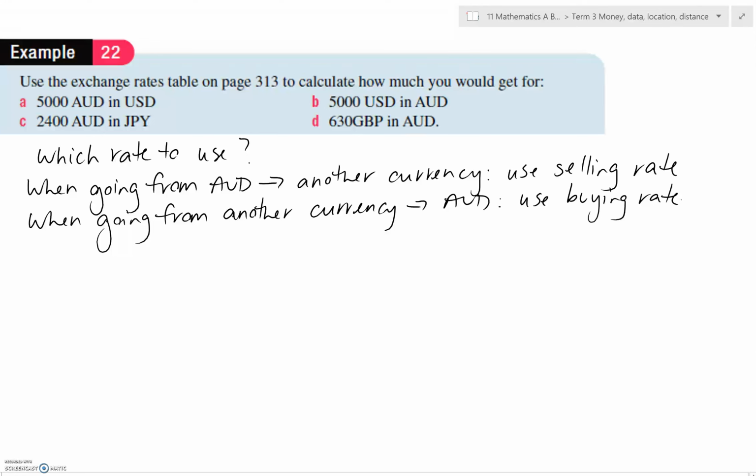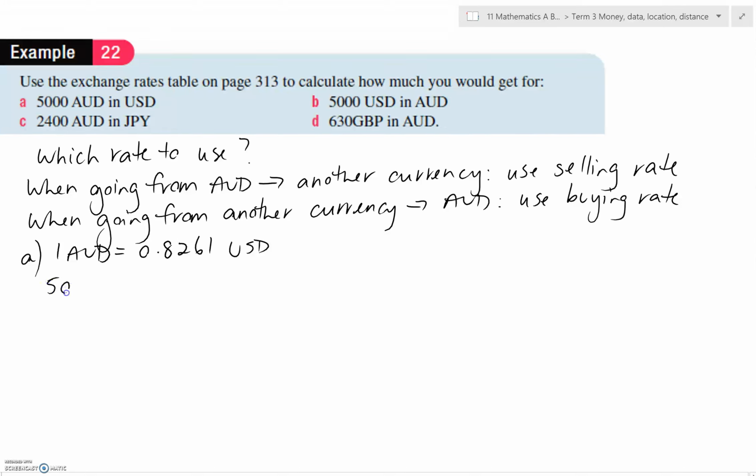So we are going to buy Australian dollars from another currency for the second one. So let's work through each one. We've got 5,000 Australian dollars and we want to get US dollars. So we are going to use the rate 1 Australian dollar equals 0.8261 US dollars. That is the rate that we need to use because we are going from Australian dollars to another currency, so we use the selling rate.